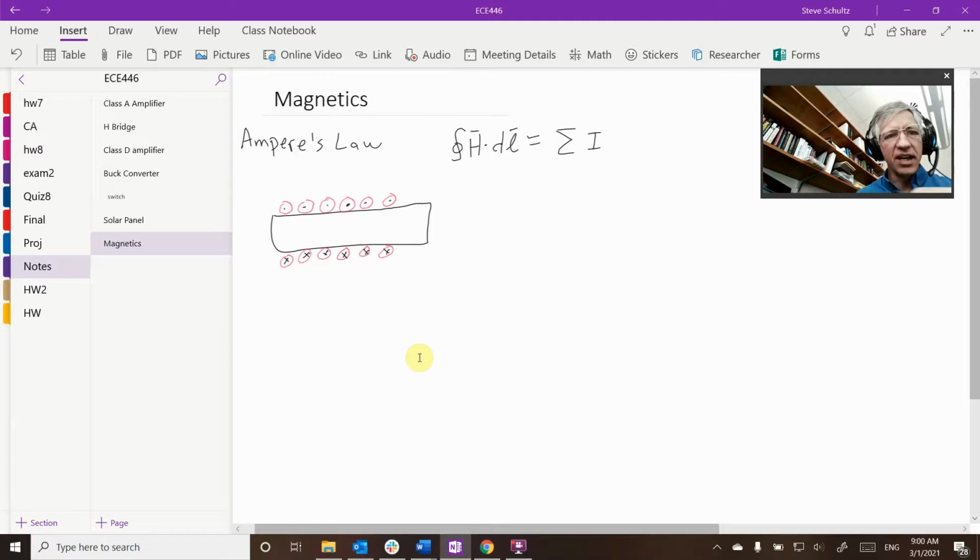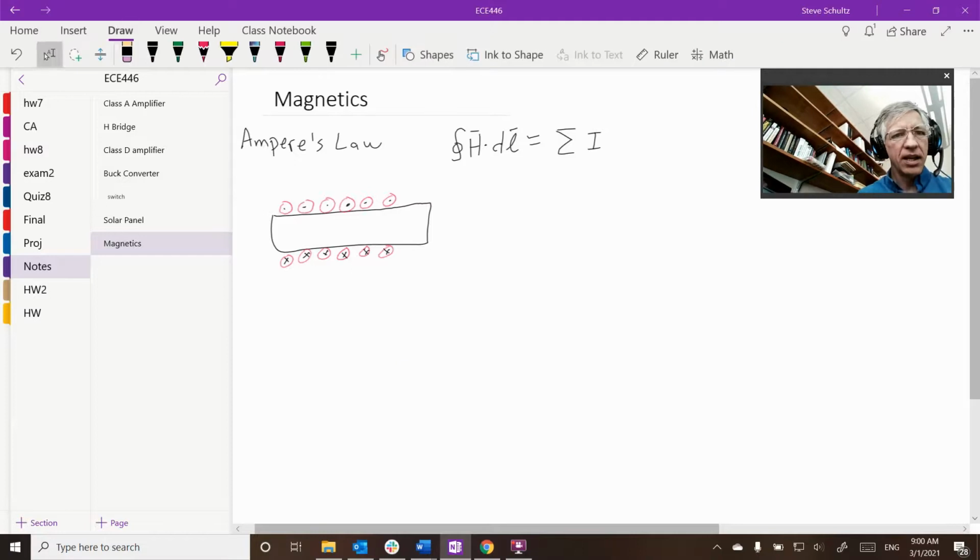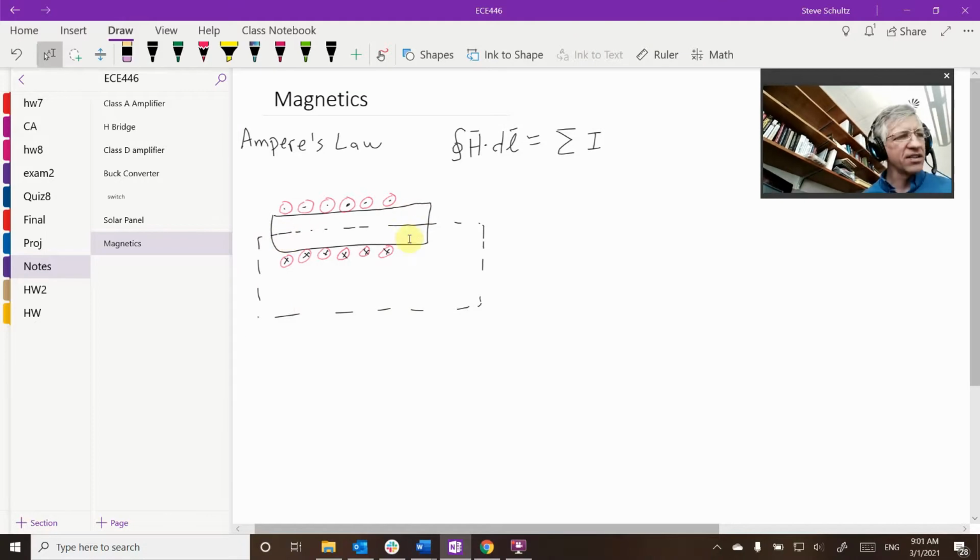So then I can come in here and I can make a surface that looks like that. So what we're going to do is we're going to say that this part here is a long ways away, so I only have the part going through there. And we're going to assume that my magnetic field is constant everywhere in this high permeability material. So then we're going to do Ampere's law around the surface.